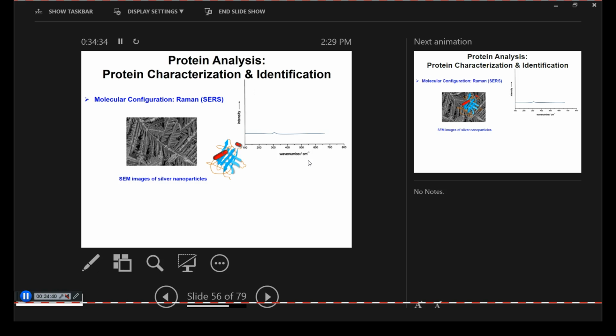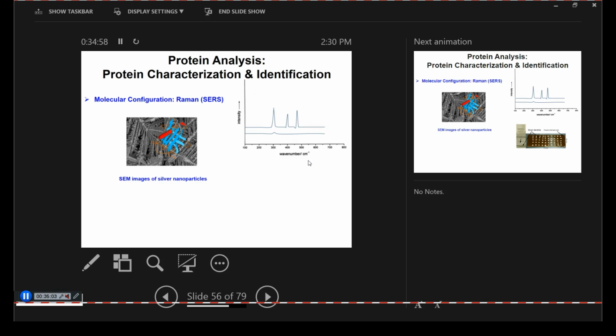The surface-enhanced Raman spectroscopy, so this is a scanning electron microscopy image of silver dendrites. Silver dendrites is a ruffled surface where the protein can bind to. And when it binds to it and then project light on it, IR radiation, you have a very good signal, much enhanced signal.